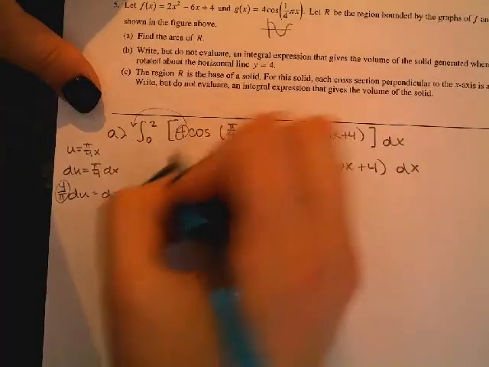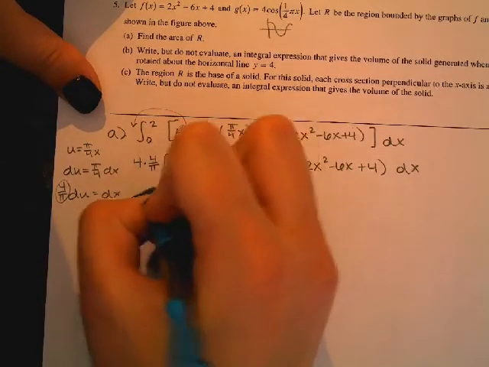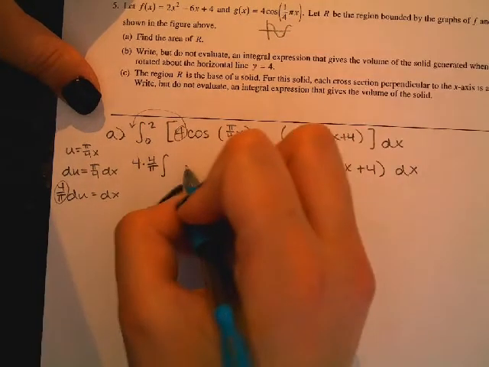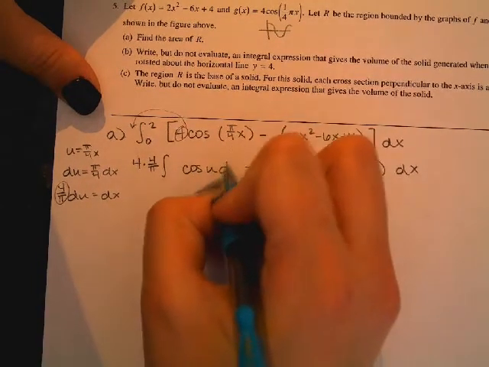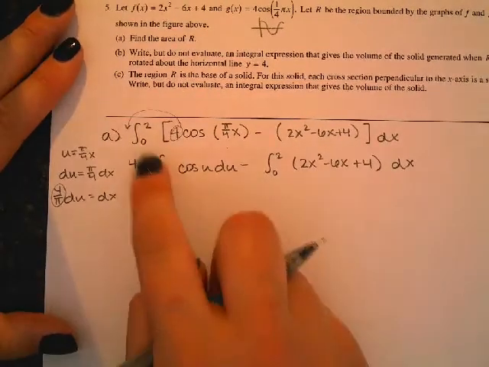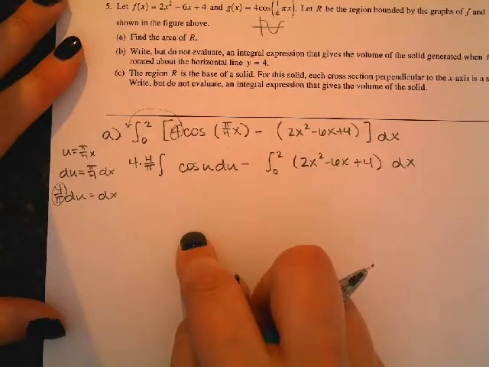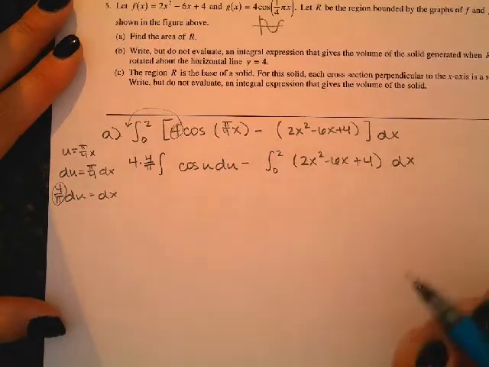So I'm pulling out a 4 and a 4 over pi, and that's cos u du. Now, if you like to take your integral and convert it so it's in terms of u, you can finish that part of the problem in terms of u. Or you can get it back in terms of x and plug the numbers back in.